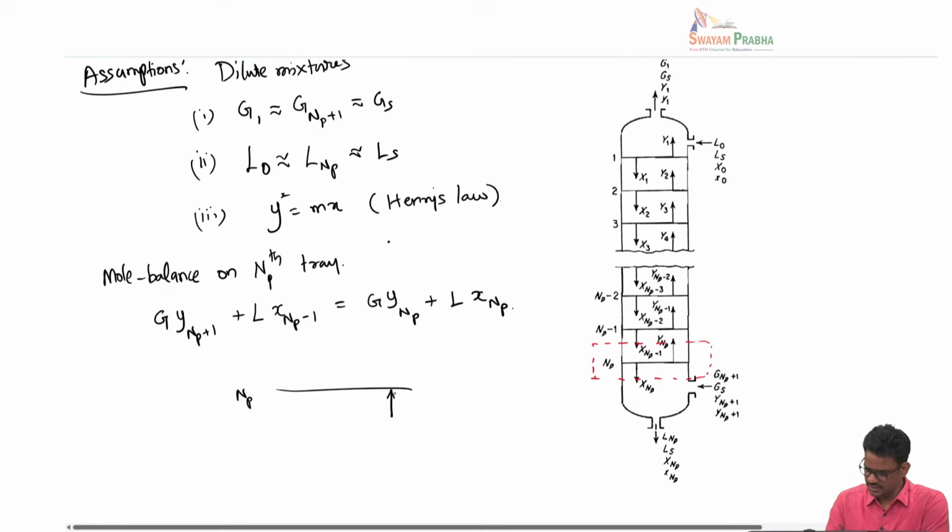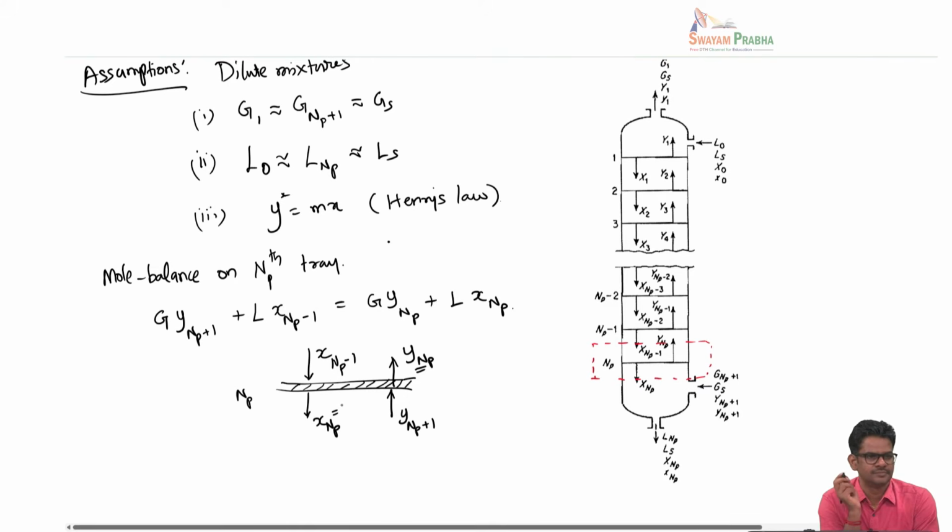What comes in is ynp plus 1, and then what leaves. You have to imagine that there is a small liquid column here, so that the mass transfer can happen. The composition of the outgoing gas here would be ynp. Similarly, the liquid that is coming in has a composition of xnp minus 1, and the one that leaves is xnp, such that the two outgoing streams, xnp and ynp, are at equilibrium.